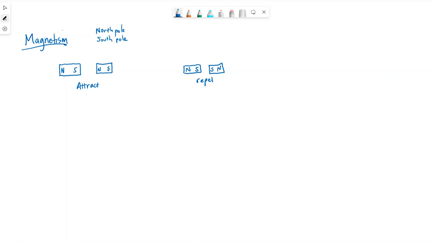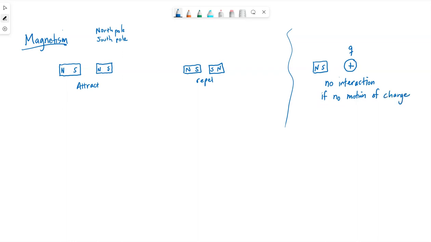What's different is that if I were to take either pole of a bar magnet and have it near some sort of charged object, whether this charge was positive or negative, there would be no interaction. This is true as long as there's no motion of the charge or the magnet. So there's no interaction if no motion of charge.